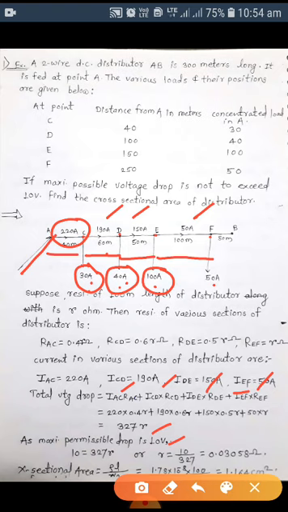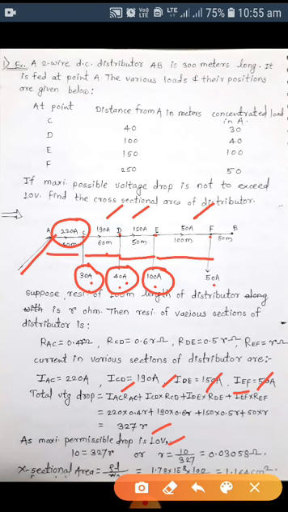That R by 2 is because of the resistance of one conductor. It is our assumption that at the starting we have assumed R to be the resistance of the distributor. One distributor consists of two conductors in a particular section. So to find the cross-sectional area of one conductor, we have to take resistance R by 2. Therefore the equation is rho L divided by R by 2.